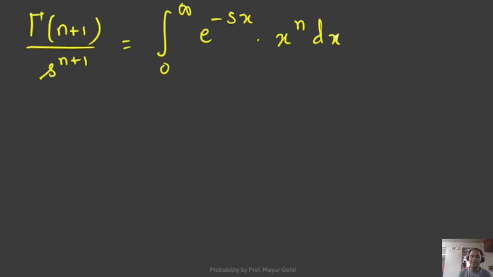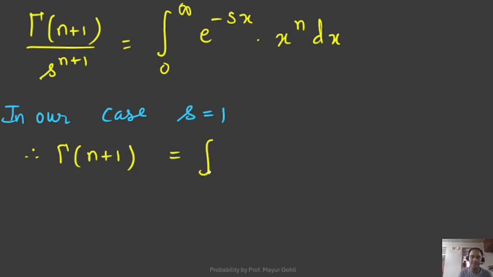So in our case, s is equal to 1. So we get a nice formula of the gamma function: gamma of n plus 1 is integration 0 to infinity e raised to minus x into x raised to n dx.